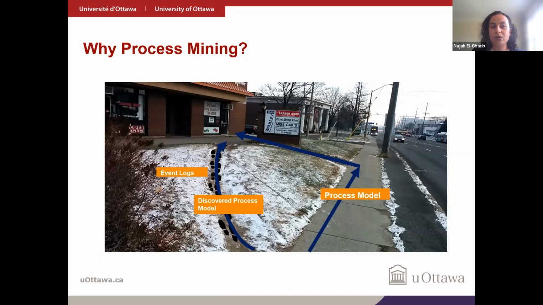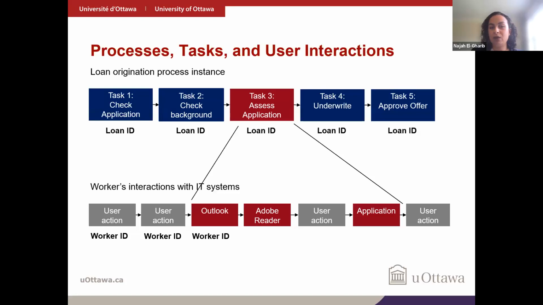Cool. So this will bring me to speak about processes, tasks, and user interaction, because this will be relevant to robotic process automation. If we take an example of a loan process instance, which has 5 tasks, in this case we have check application, check background, assess application, underwrite, and approve offer. And I'll have my loan ID as a unique identifier for each process instance.